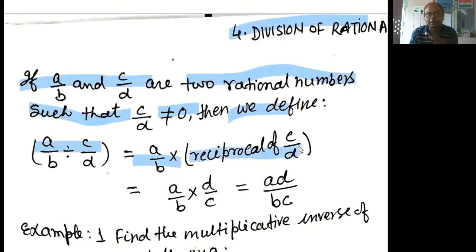We take the reciprocal of the right-hand rational number. So A upon B multiply reciprocal of C upon D equal to A upon B into D upon C, equal to AD upon BC.